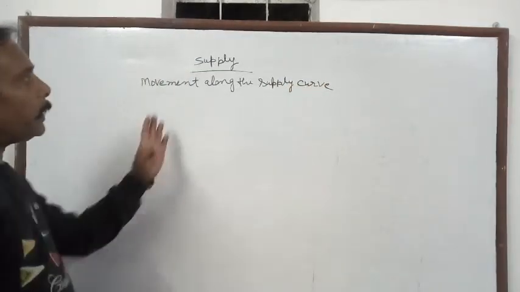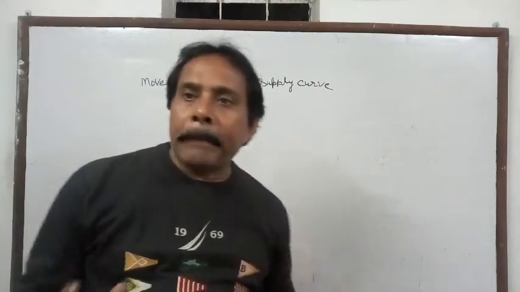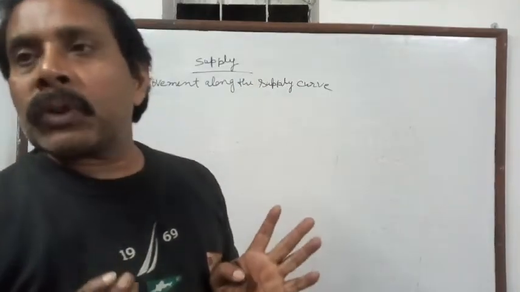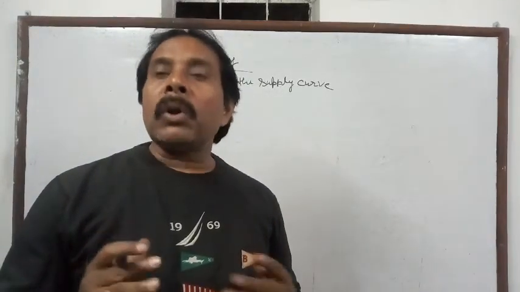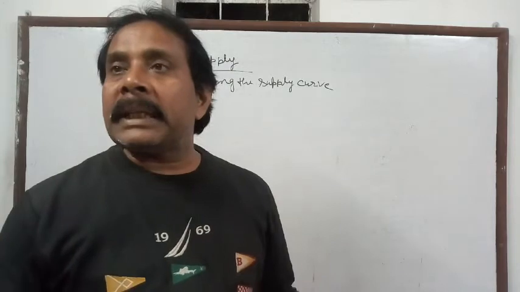Okay, so movement along the supply curve, why does it happen? This is the most important question. It is also known as change in quantity supplied.